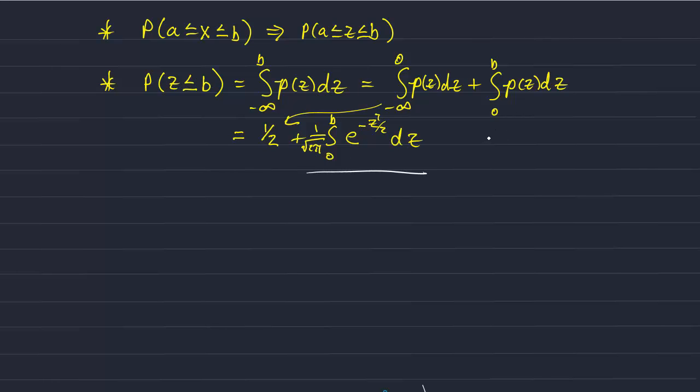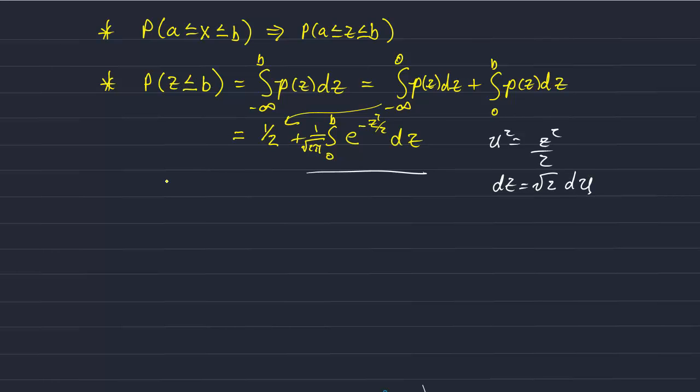And we'll do that with a u substitution. So we'll say that u squared is equal to z squared over 2, in which case dz is equal to the square root of 2 du.